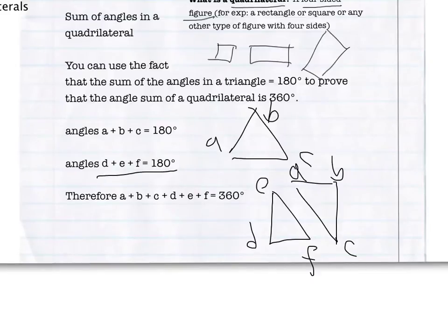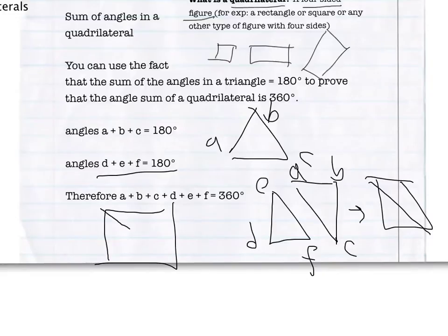Therefore, if we put those things together, the whole thing is equal to 360. So if you put 2 triangles together, like you see in this square, we know that the sum of all the angles is 360. So a quadrilateral, the angles always sum to 360 degrees.